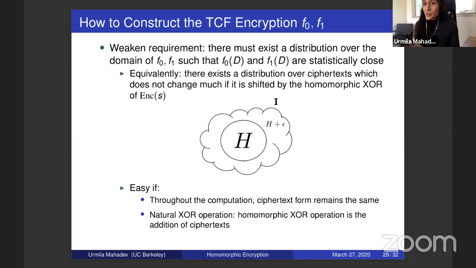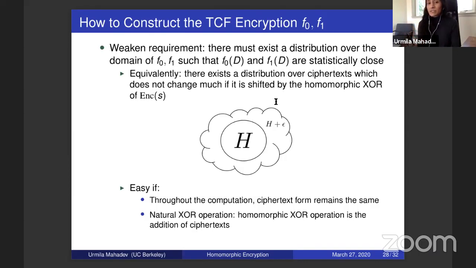Now, if these two requirements hold, then it's quite easy to construct distributions which satisfy this requirement. To see that, let's assume that the noise of this ciphertext, the encryption of S, is epsilon. Then all we need to do is choose an initial distribution over noise, let's say some Gaussian distribution, where the width of the Gaussian is sufficiently larger than epsilon.